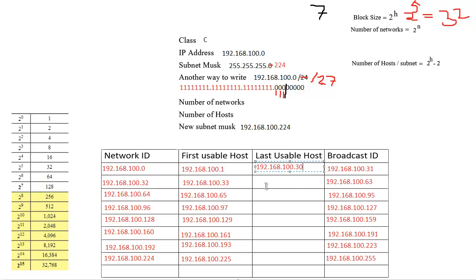For the next network, the broadcast is 63, so the last usable host will be 62. And broadcast for this network is 95, so the last usable host will be 94, and the rest follow the same way.